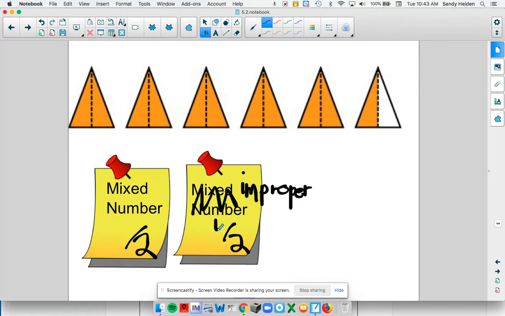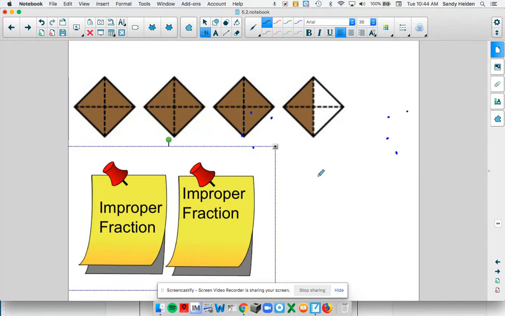If I think about it, how many 2's go into 11? 5, with 1 left over. 5 and 1/2. 1, 2, 3, 4, 5, and 1/2. Try this one.